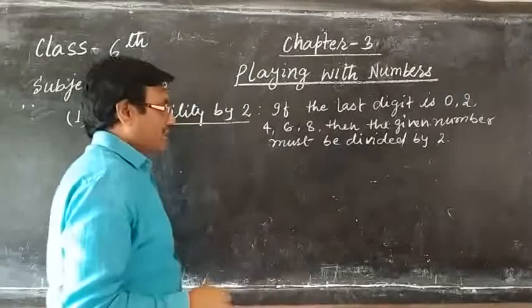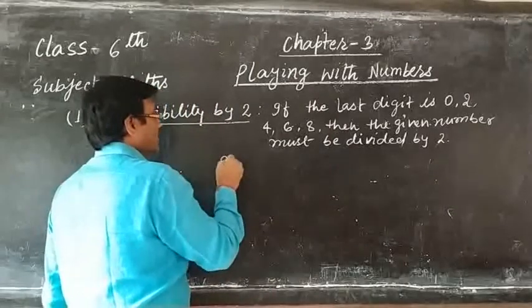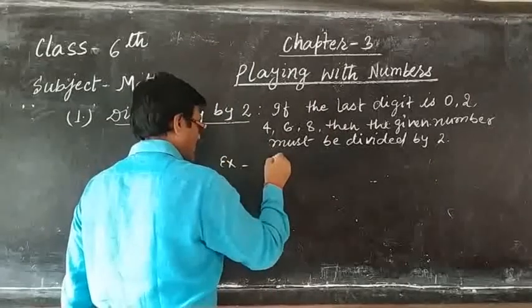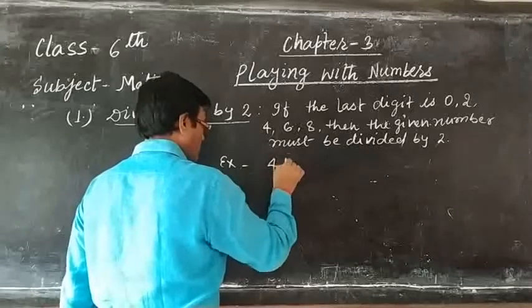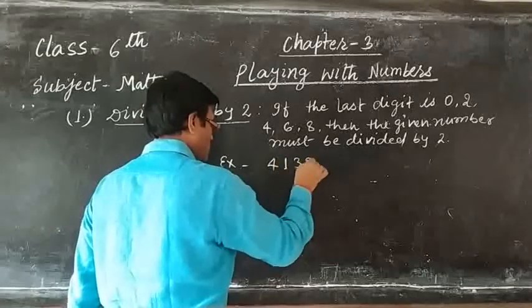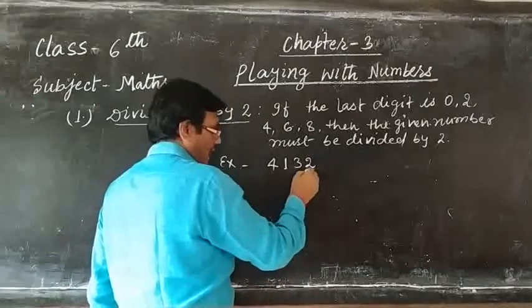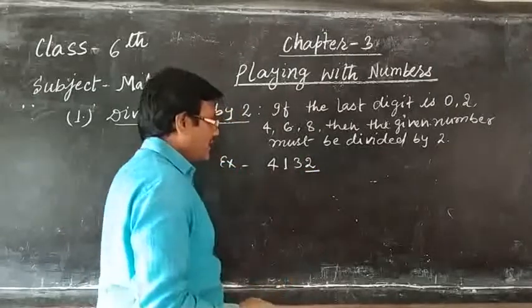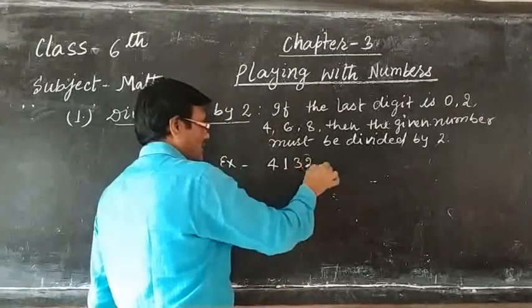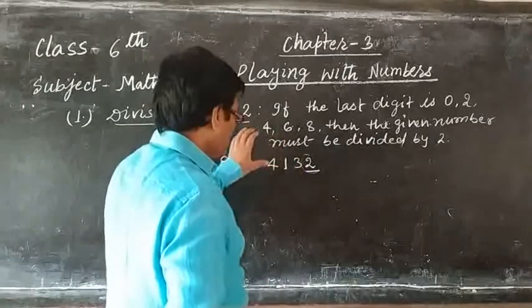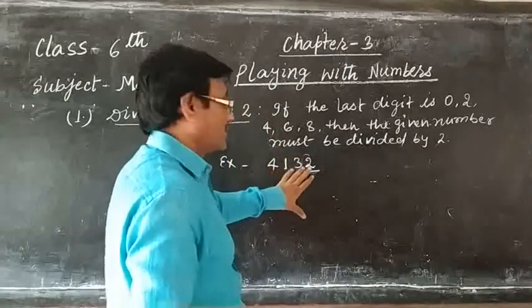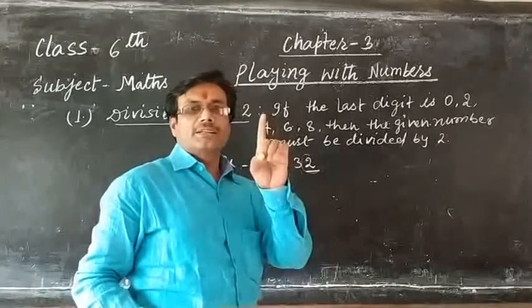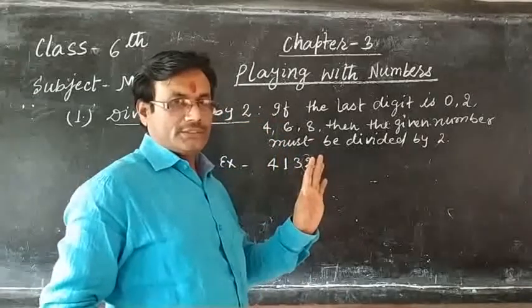Okay? So children, you have to check the last digit. Suppose I am writing here 4132. Children, you see that the last digit is 2. So this 2 shows that the number 4132 must be divisible by 2.